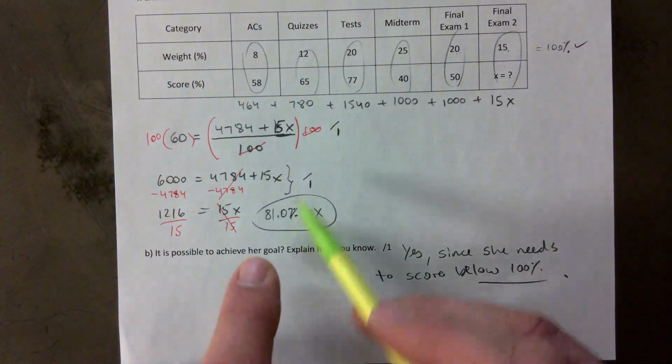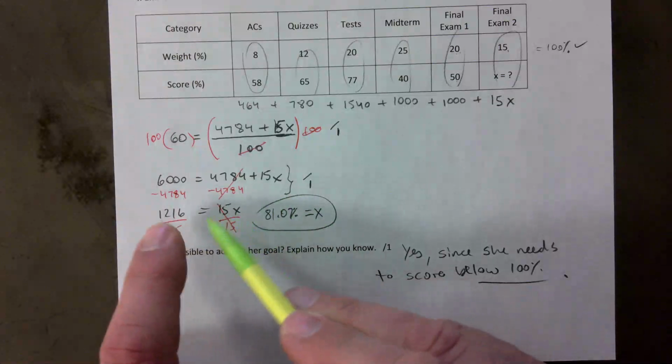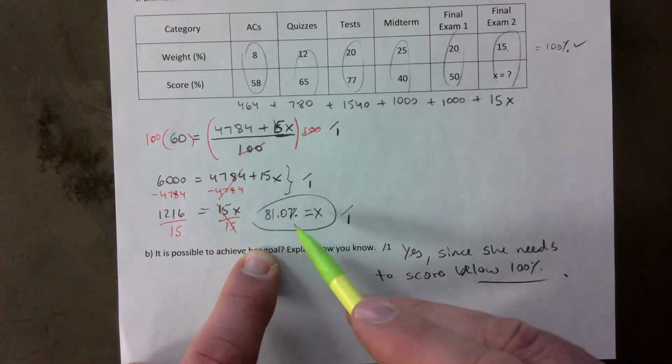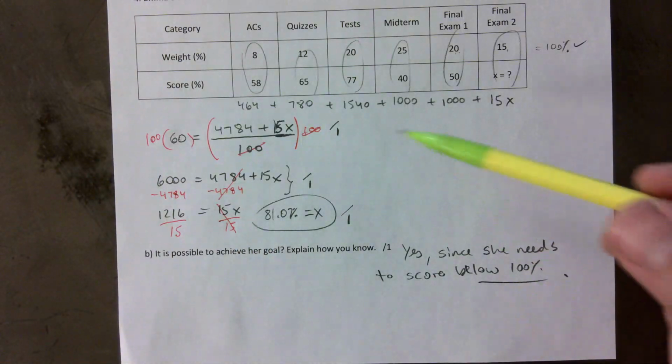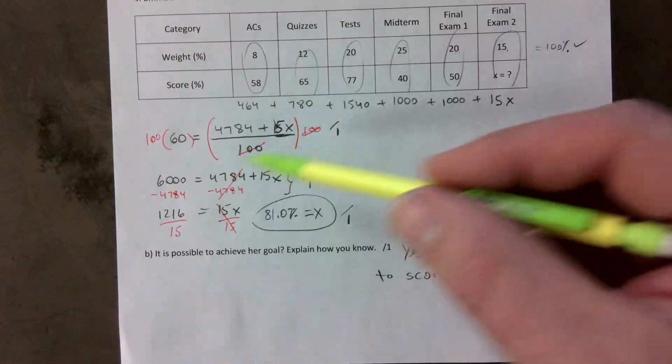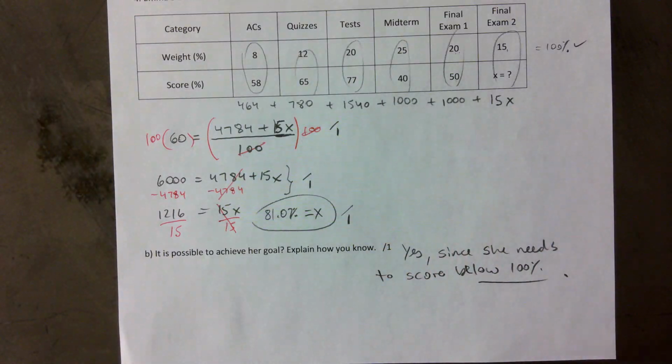So, sorry, I forgot the marks, right? So for the division by 15, you get another one, including the final answer. So if you're not sure how to grade it, if you got 81.07 and you showed me some work there, you get the 3 marks. And then 1 mark for this.